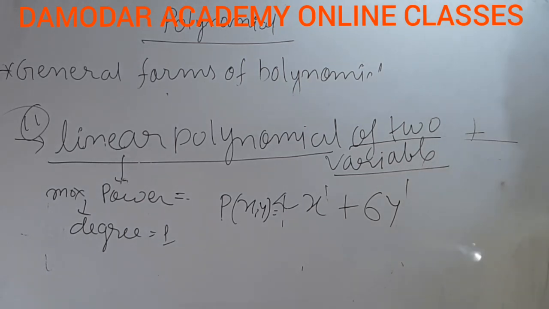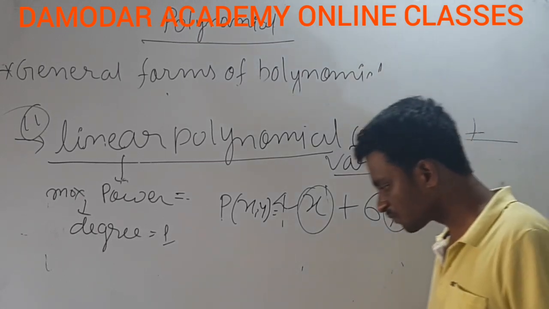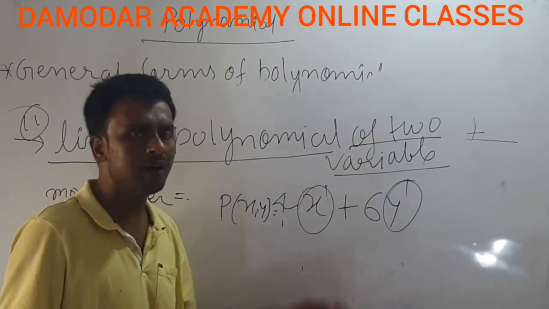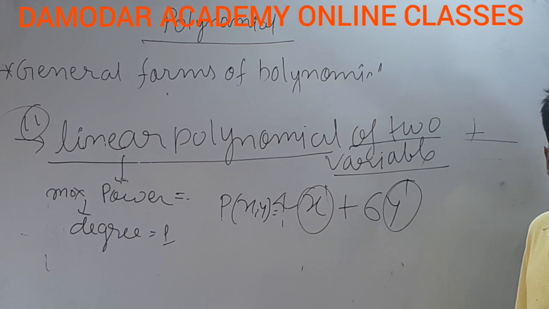Okay? After that, we will check the number of variables. One variable is x, and another is y. This is the other variable. Okay? Means this is a polynomial. And which type of polynomial is this? This is a linear polynomial in which there are two variables. And how can we write this in the form of a general form?